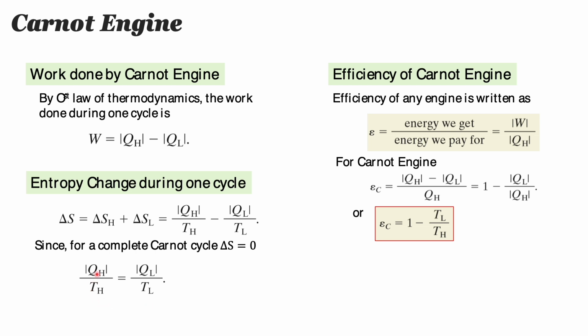So QH over QL will be equal to TH over TL, and therefore we can write it like this. Okay, I hope you understand it.